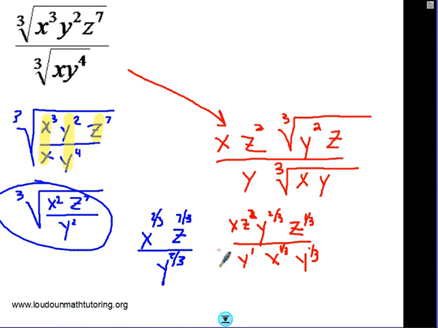Now, let's simplify all of these into their fractional exponents. Let's see if we can do these one at a time. You've got an x and an x to the 1/3. Remember to combine these fractional exponents, you're going to subtract the exponents. So x to the first minus x to the 1/3 gives you x to the 2/3.